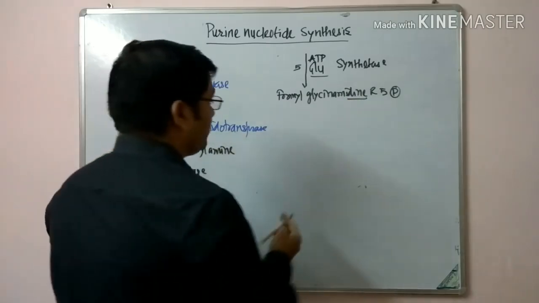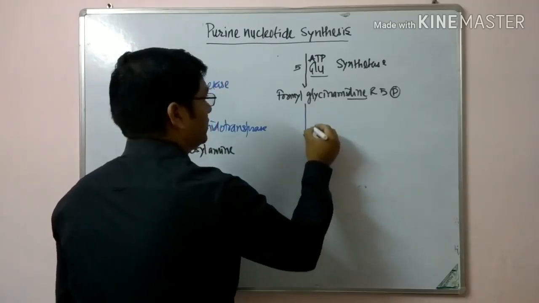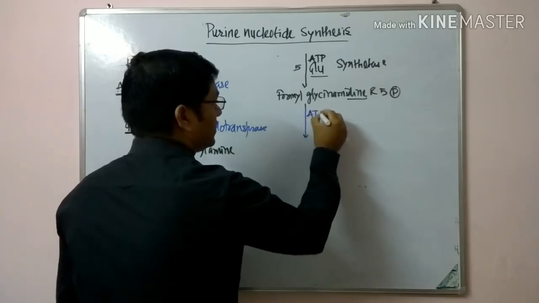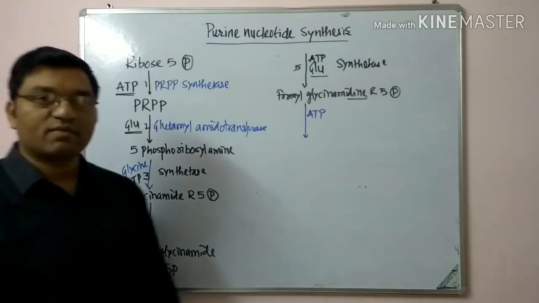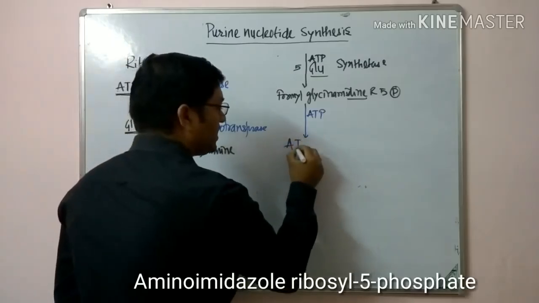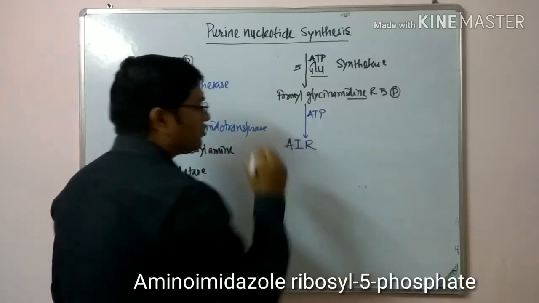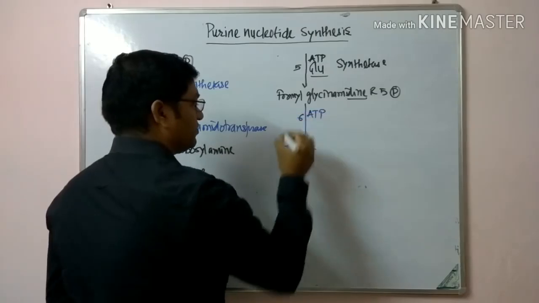Now in the sixth step, there is ATP and ring closure occurs, and this compound, that is formyl glycinamidine ribosyl 5-phosphate, is converted into amino imidazole ribosyl 5-phosphate due to the ring closure. This is the sixth step.